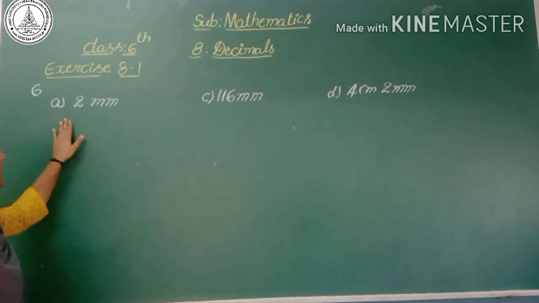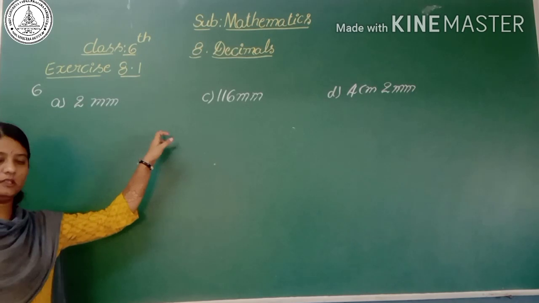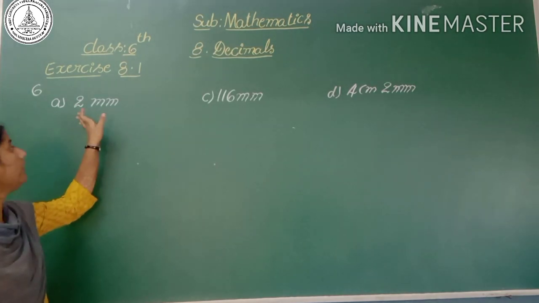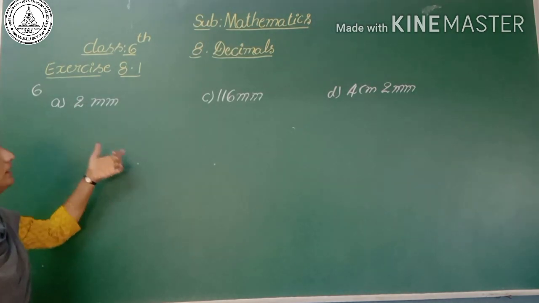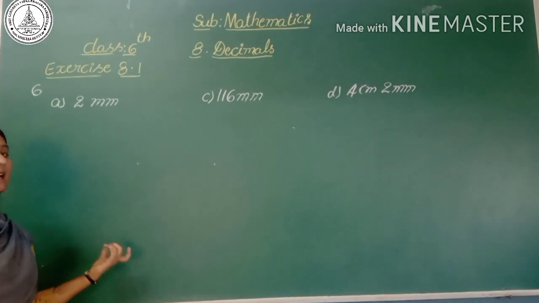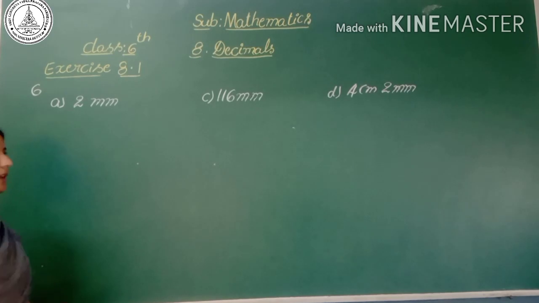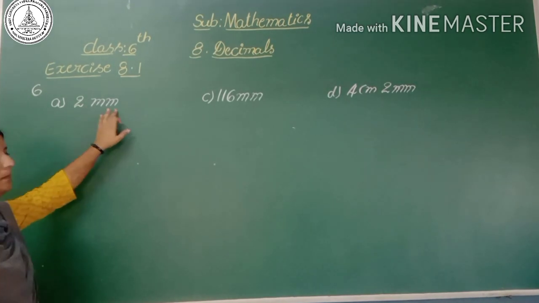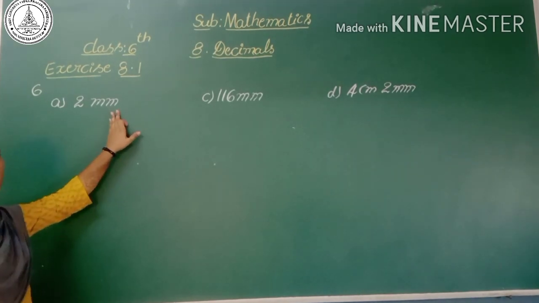In (a), 2 millimeters is the length of some object given in millimeters; we have to convert it to centimeters and write it in decimal form.